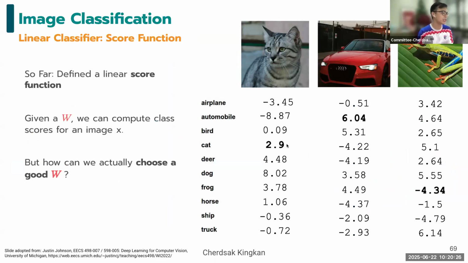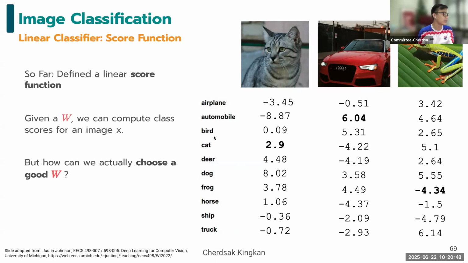Also, like we mentioned with nearest neighbor, we need some way to measure the performance of the models. So in the linear classifier, we also have a score function. So far we have defined a linear score function.